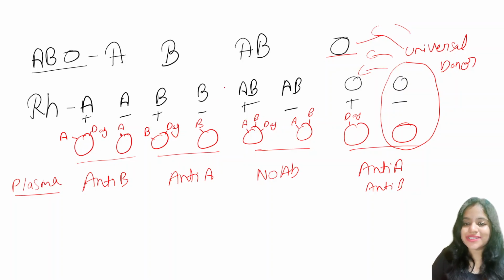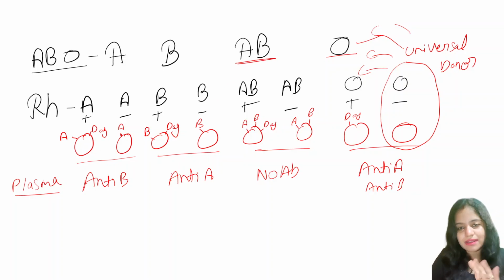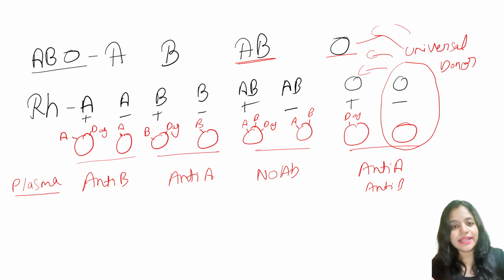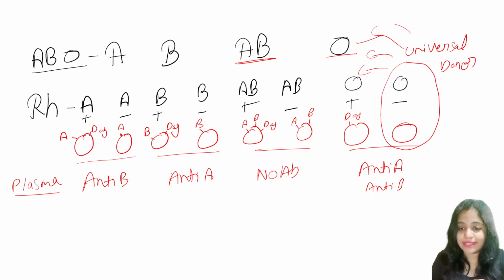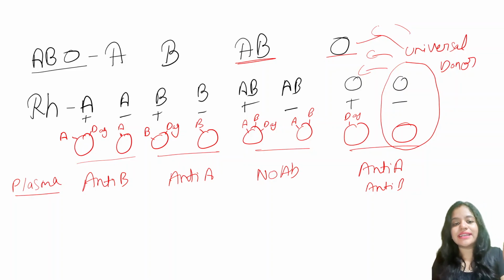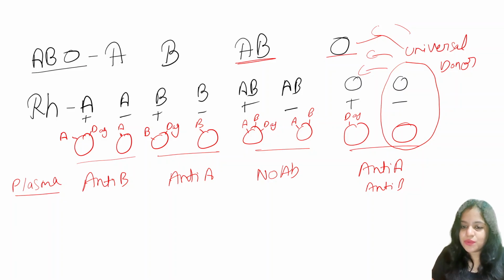Which was our universal recipient? AB. If you only have options like AB and O, the answer is AB. But if you have options like AB negative, AB positive, O positive, B, then which is the answer? What was the criteria to be a universal recipient? The criteria was to have no antibody in the plasma. Correct.